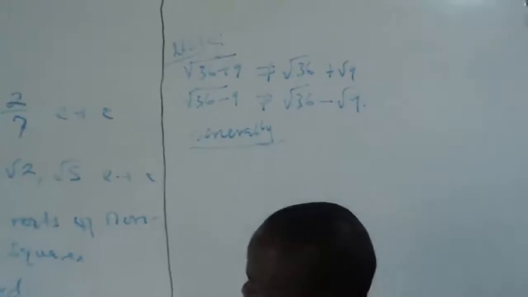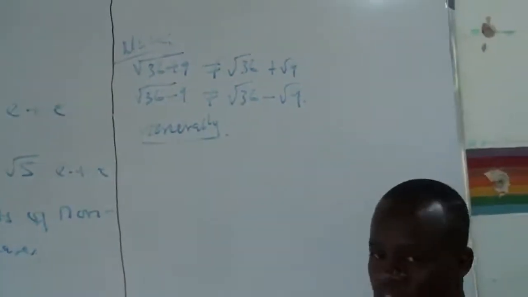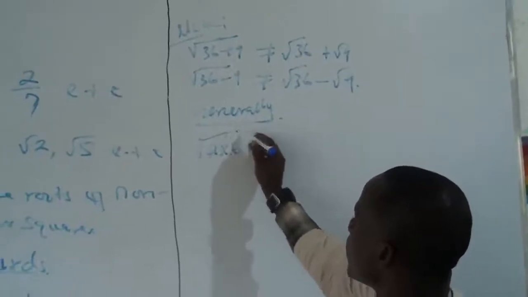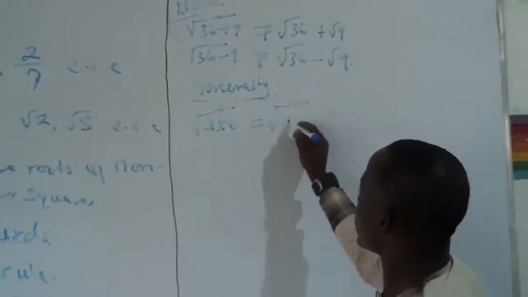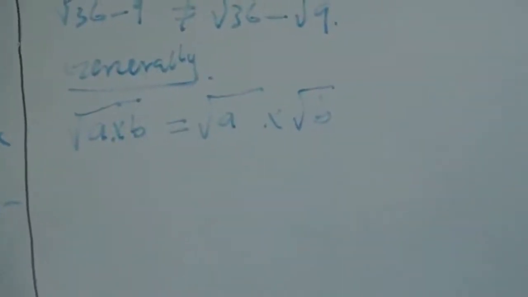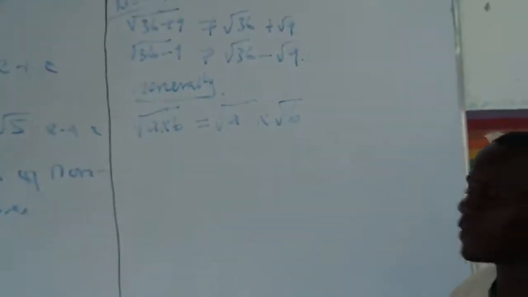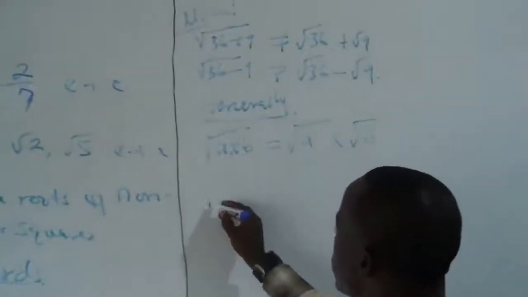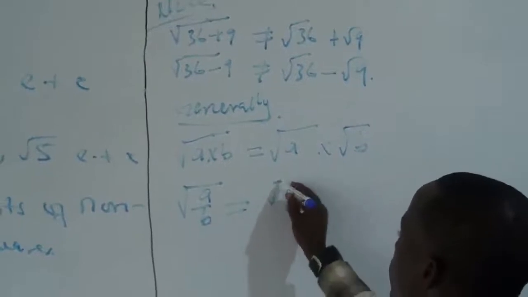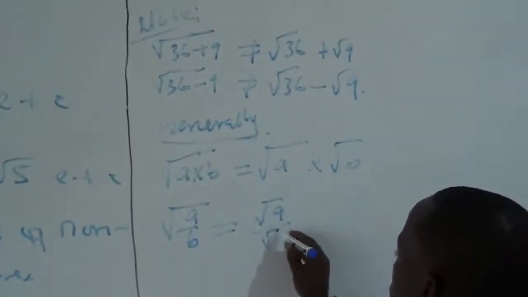Generally now, from the multiplication rule, we can say that the root of a times b is the same thing as square root of a times square root of b, where a and b can be any positive integers. And again, the root of a over b is the same thing as the root of a over the root of b.